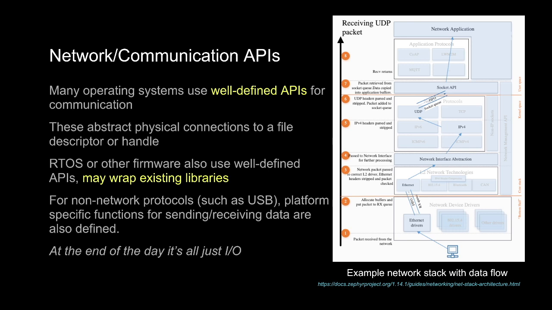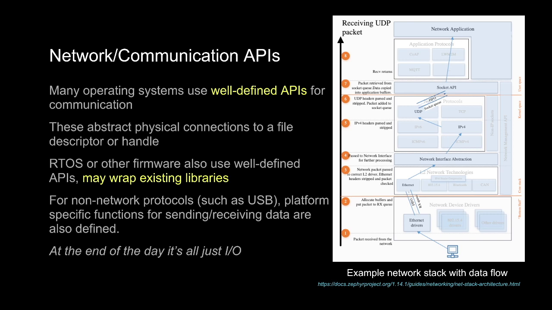A lot of operating systems will use well-defined stacks and well-defined flows for their network communication and their drivers. And they'll typically try to abstract things as much as possible, because ultimately we have a physical connection to a device, right? All those things like the logic levels and the framing, you don't normally want to handle that in software as a regular user.